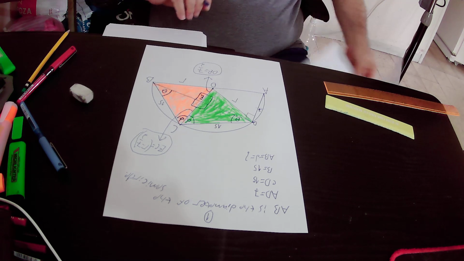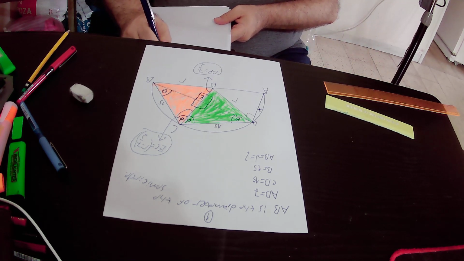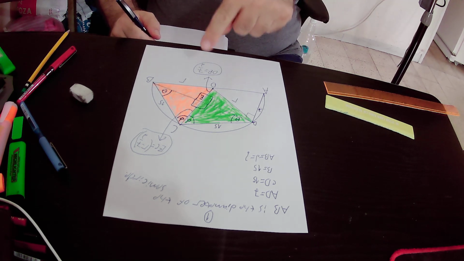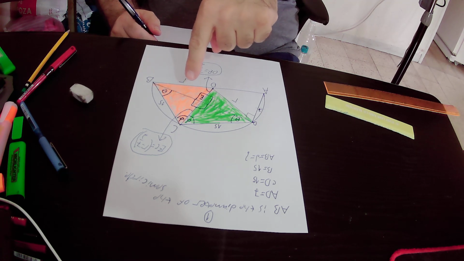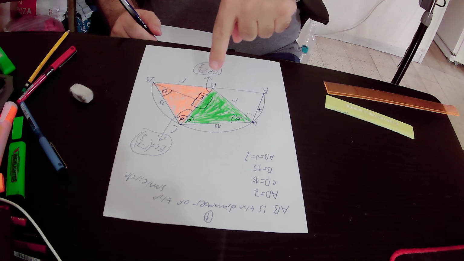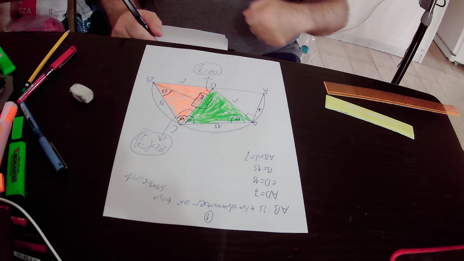So in the next step we'll focus on two right triangles. Triangle EBC is a right triangle because angle CEB is a right angle.